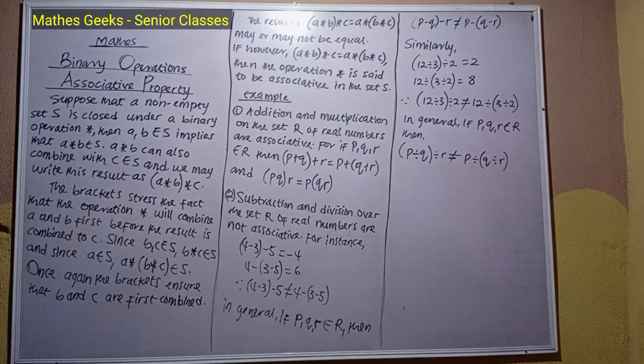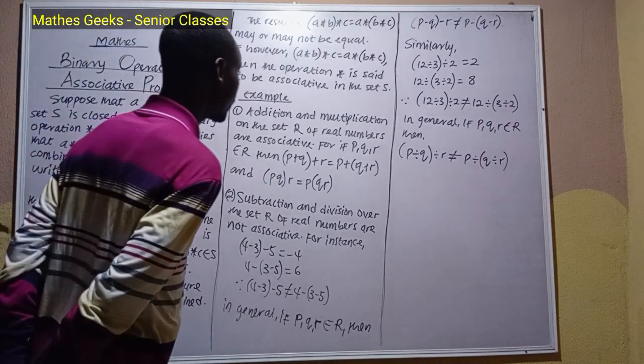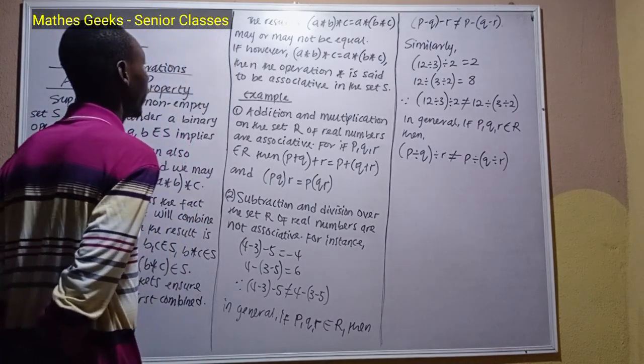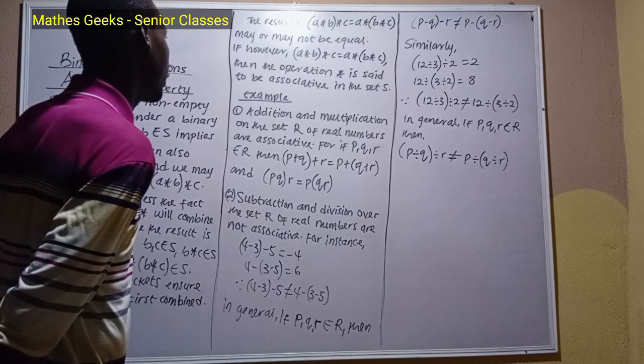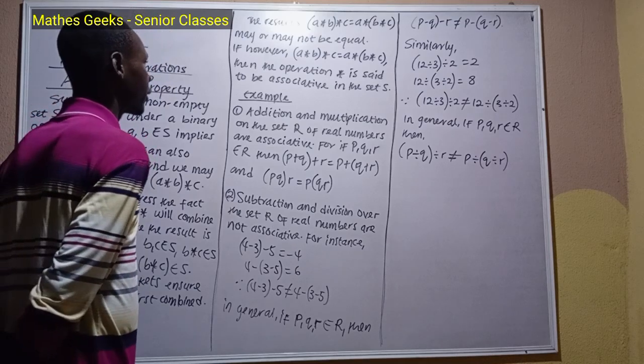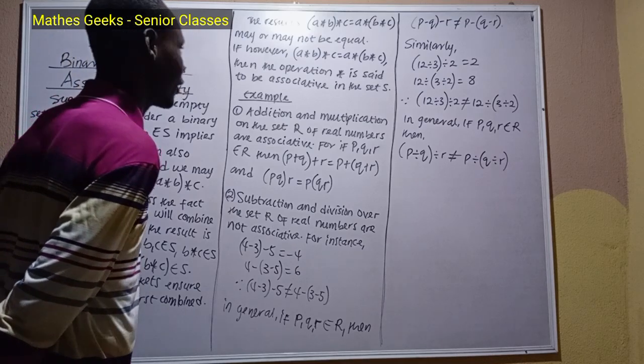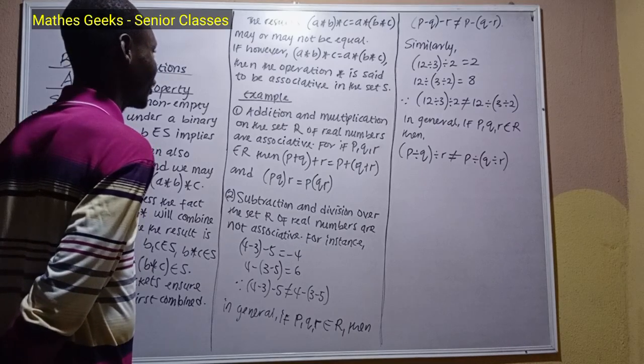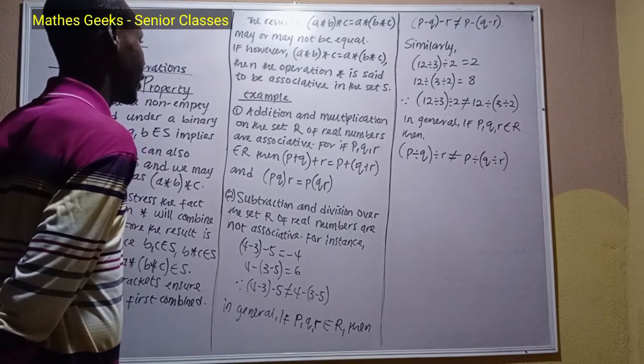The results (A star B) star C and A star (B star C) may or may not be equal. If, however, (A star B) star C is equal to A star (B star C), then the operation star is said to be associative in the set S.